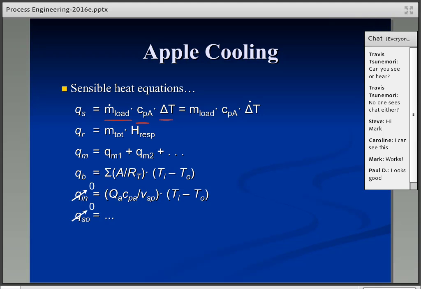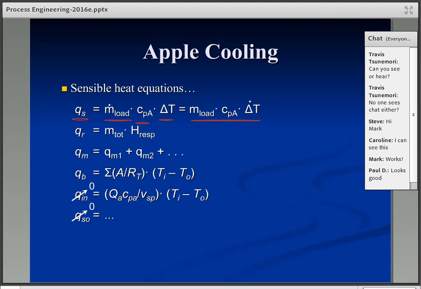In this problem statement, as we'll see in the next step, we're given the problem in a way where we'll look at the temperature change rate on a specific load coming in one day. So where you put the rate in that equation just depends on what your data in the problem is. The QS term has to be a rate, but you could have a rate of temperature change or a rate of mass coming in depending on how you're working with the problem. So we'll see that in the specific example.